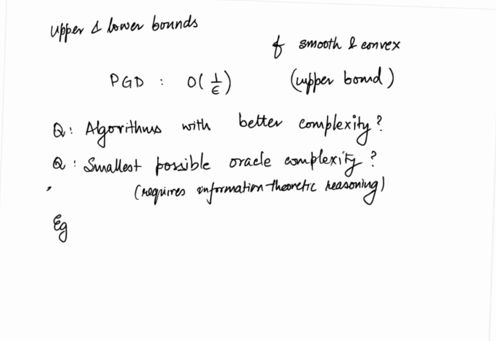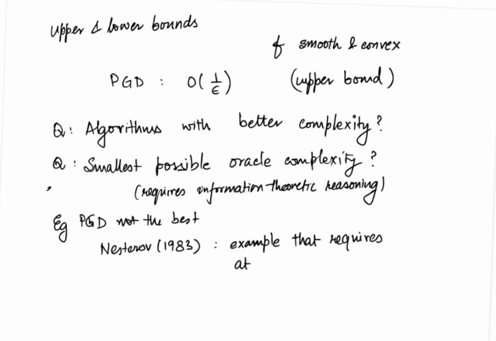But anyway, let us take a look at an example. Till about 1983, it was not known if gradient descent was the best first order algorithm for minimizing smooth convex objective functions. The question was resolved in 1983 by Nesterov, who provided an example which required at least 1 over square root epsilon calls to the oracle in order to achieve epsilon optimality, regardless of the algorithm being used.